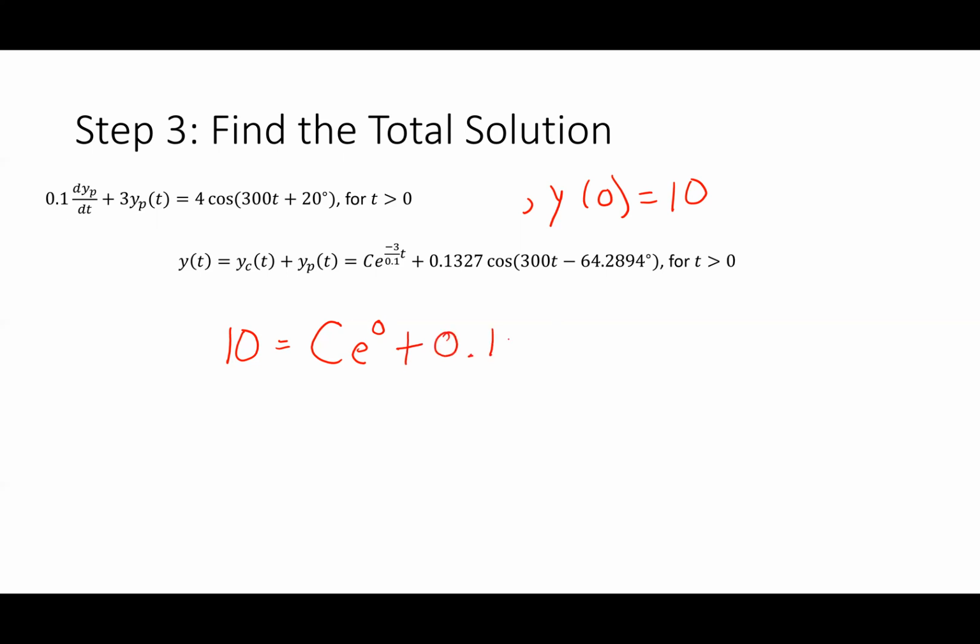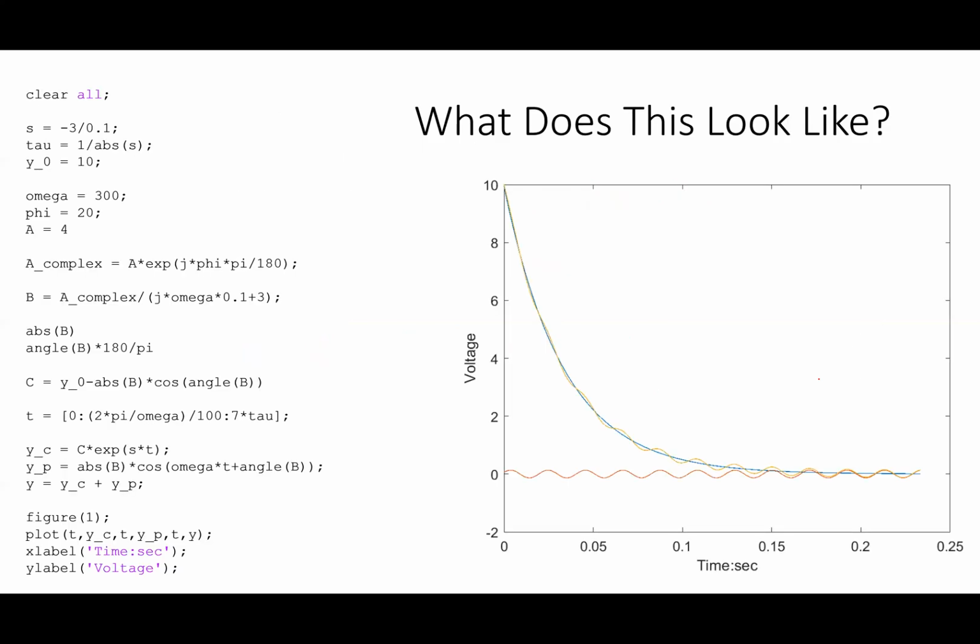It's 0.1327 cosine of negative 64.2894 degrees. Those are all just numbers, and I can solve for C. Yeah, they're ugly numbers, but they're numbers.